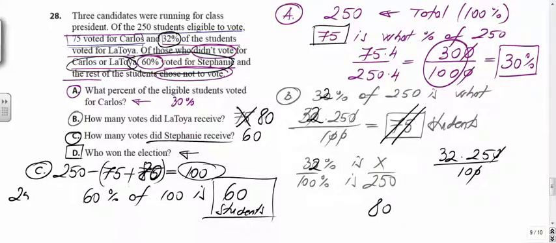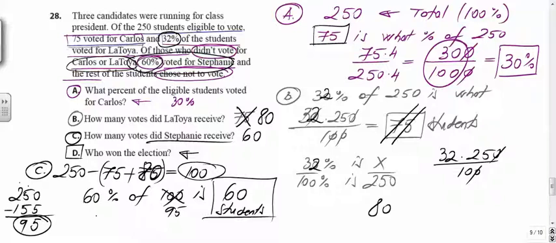So it'll be 250 minus 75 minus 80, that is 95. 5 out of 10 will be 5, 5 out of 4, you have to borrow, will be 9. So 95 students were left, and of these students 60%, so we have 60% of 95.